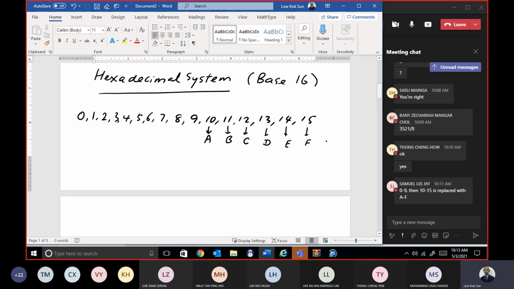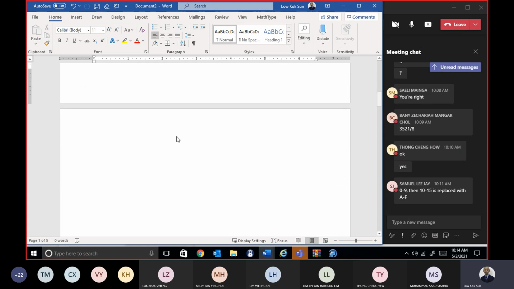There's no such thing as FG. No G appearing. That is the number system. For decimal numbers, we use until 9: 0, 1, 2, 3, 4, 5, 6, 7, 8, 9. No 10. Here no 16. Then the whole story repeats.